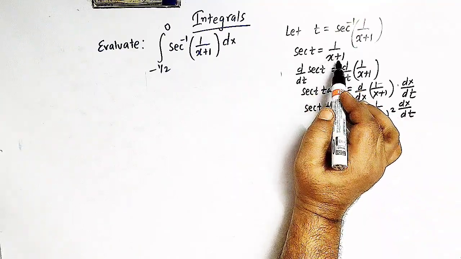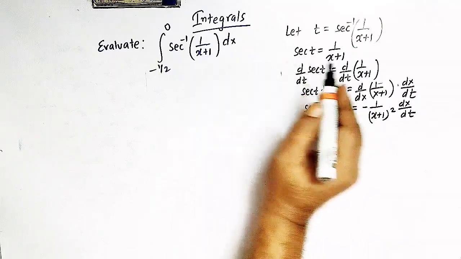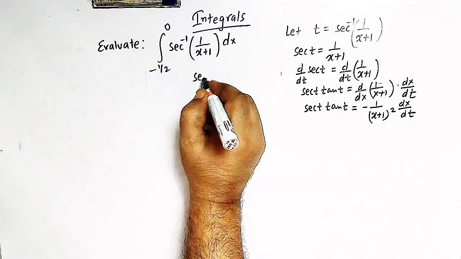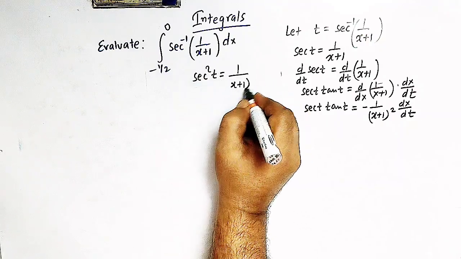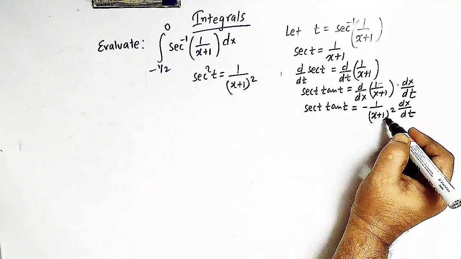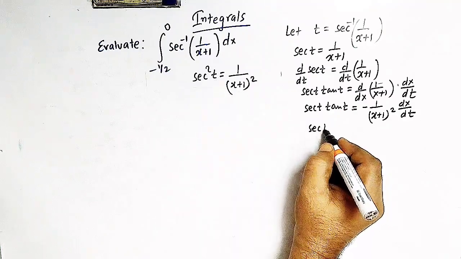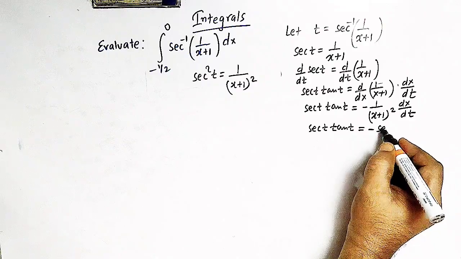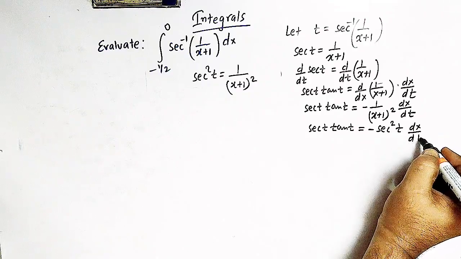Now see, 1 over x plus 1 is equal to secant t. So if we square both sides, then we have secant square t is equal to 1 over x plus 1 square. So substituting 1 over x plus 1 square as secant square t, we have secant t tan t, and here we have minus secant square t dx over dt.